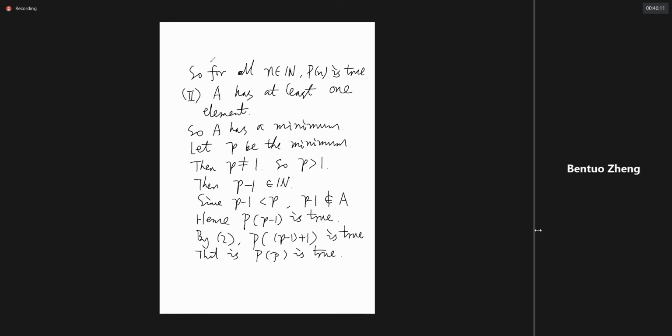If the statement for P is true, then this P cannot be in A. We get a contradiction, because P is the minimum of A. In particular, little p is contained in A. But from this assumption, we get P is not in A. We get a contradiction.